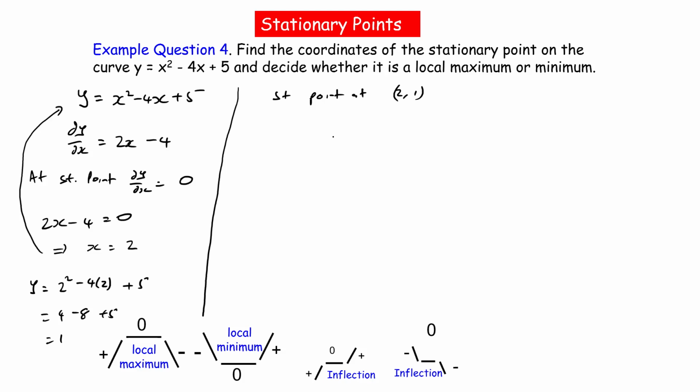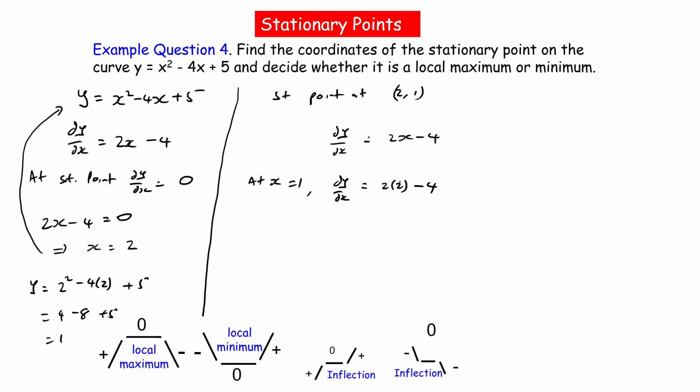So is it a local maxima or a minima? Well, we check what's happening to our gradient just before and just after. So dy by dx is equal to 2x minus 4. So just before 2, if we try 1, at x equals 1, what's happening to the gradient?